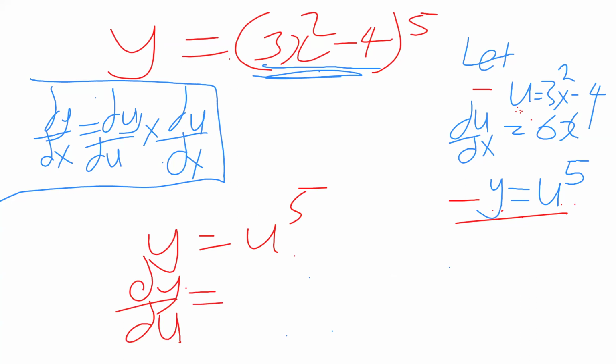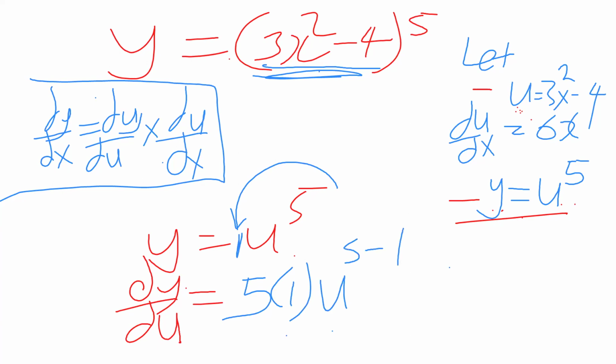How can you differentiate this using the power rule? u to the power 5. Just like what we have said previously, drop the what? The power. So it shall be 5, times the invisible 1, u to the power 5 less 1. We deduct 1. Then you have 5 times 1 giving you 5u to the power what?